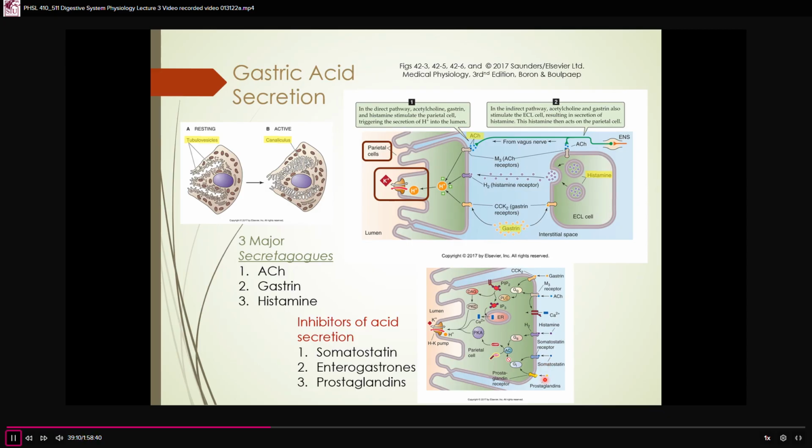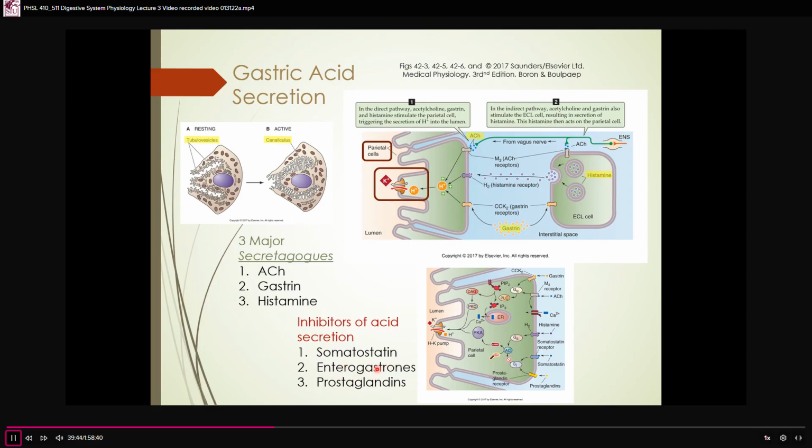And we have PGE type prostaglandins, and PGE type prostaglandins and somatostatins both target G alpha I trimeric protein coupled receptors, and those would inhibit adenylyl cyclase, turn down PKA activation, turn down the phosphorylation that PKA induces, and those changes would have negative effects on all these transport processes that will be important to acid secretion. So those would turn down acid secretion because of that.